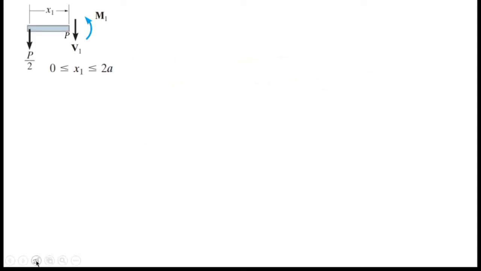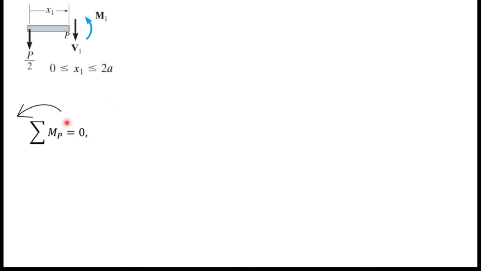You can see a small part of the beam, this is the support reaction at A, this is the distance x1, this is the shear force, and this is the bending moment, marked as M1. The equations I get from this diagram are valid for this range, 0 to 2a.